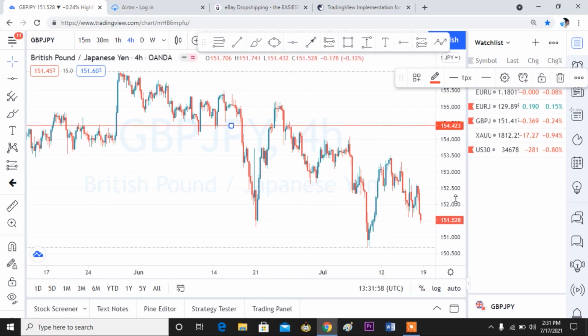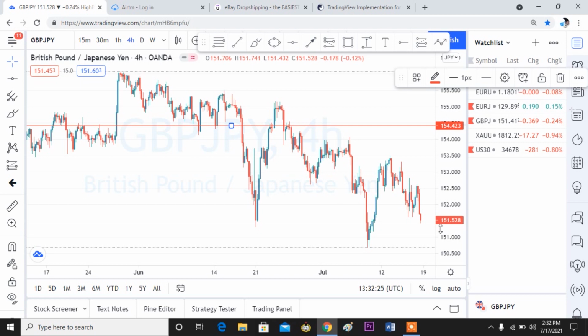So as you can see, these are the different price levels of GBPJPY from the 4-hour time frame. We see 151.520, 151.525, 151.53. As at the time I'm recording this video, it's Saturday, so the market is closed. And right now you see that GBPJPY closed at the price level of 151.528.